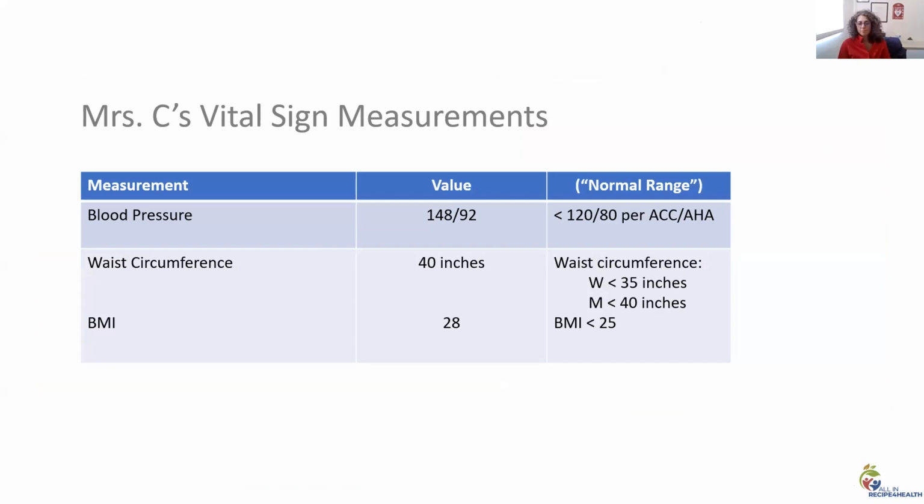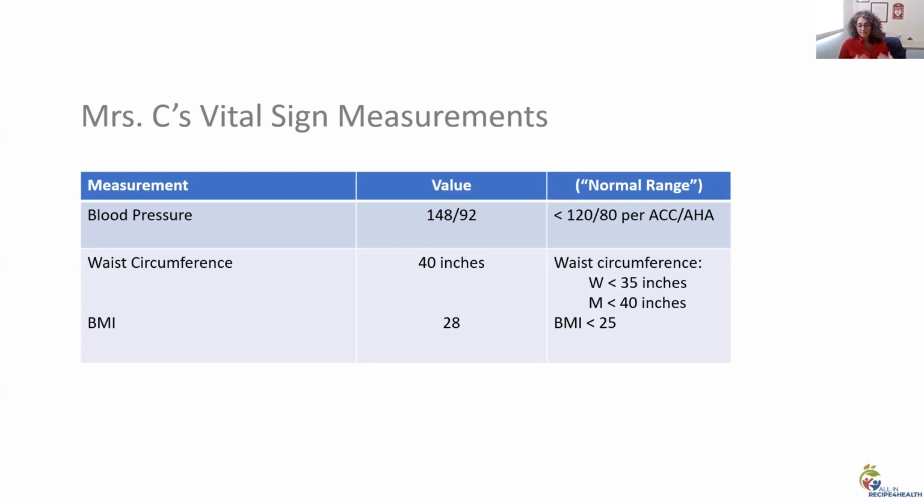In terms of her blood pressure, we see that it is slightly elevated, above both ACC and AHA standards, and that her waist circumference, we've already talked about that it's a little bit larger than what we would consider healthy and an indicator of central obesity, which is the most concerning kind of obesity.